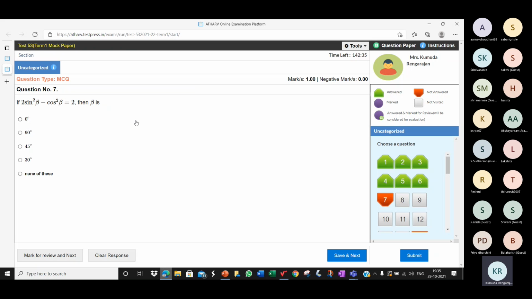So now in this equation, you have only cos square beta. When you work it out, you can find cos beta, and with the help of the table, you can identify the angle. Or you can also write cos square beta in terms of sine square beta. Instead of this, you can say 1 minus sine square beta, but be careful, put it in a bracket because there's a minus outside.